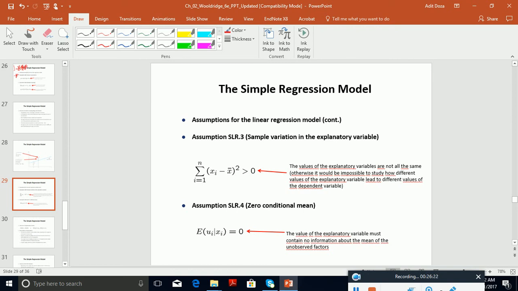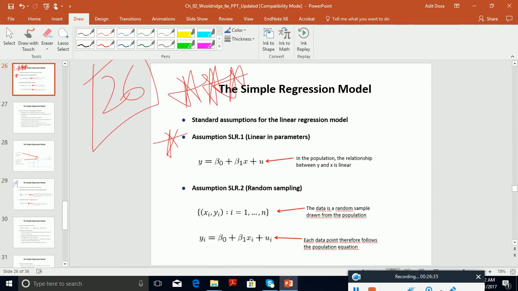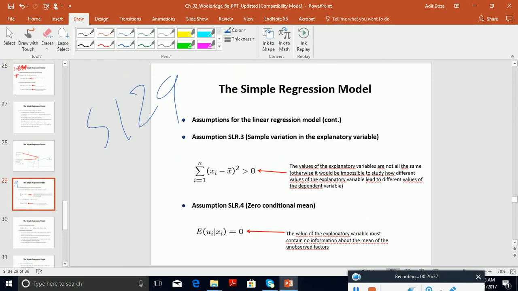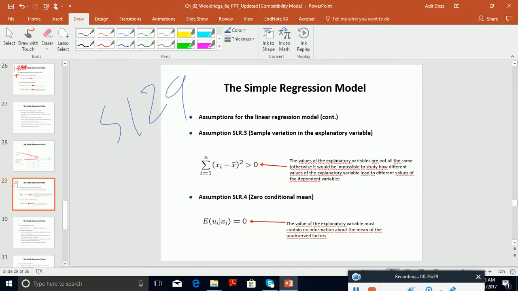So you have to have variation in X, or variation in the independent variables. The fourth assumption is the zero conditional mean, which I actually discussed. So assumption 3, slide 29 and 26. Okay, 29 and 26 of chapter 2 definitely would be in the exam, so 3 stars.